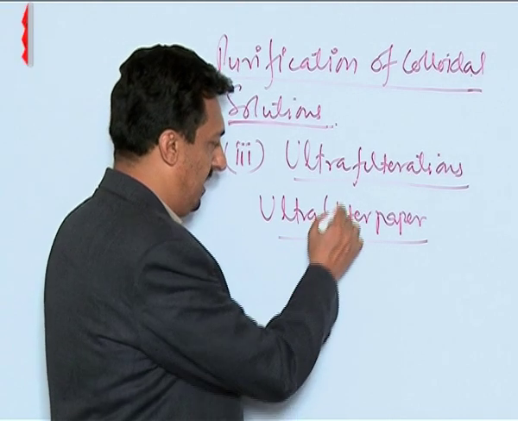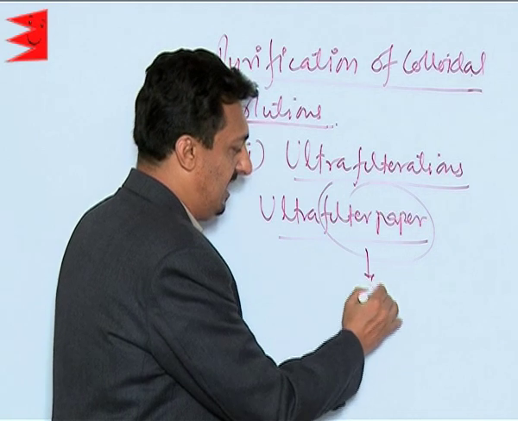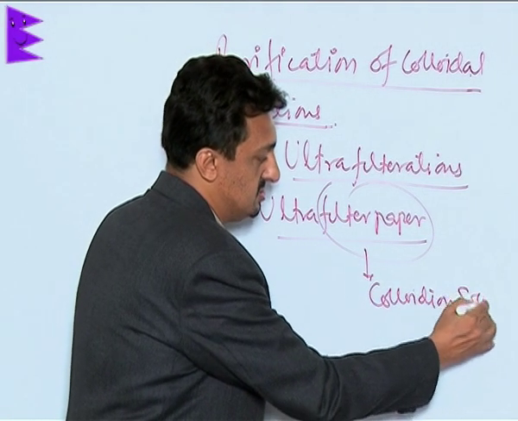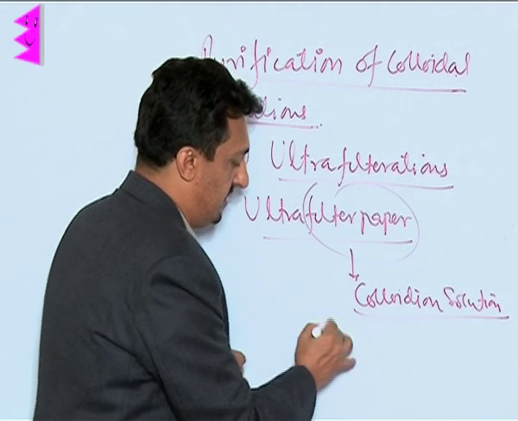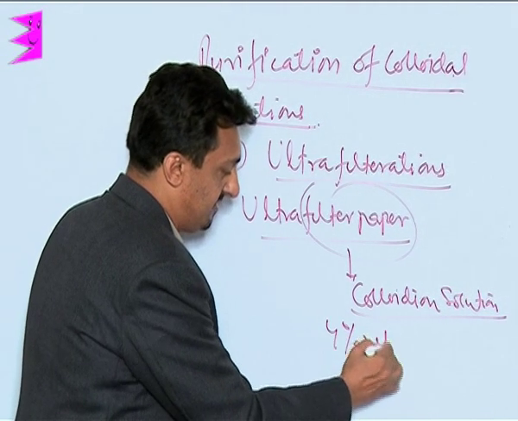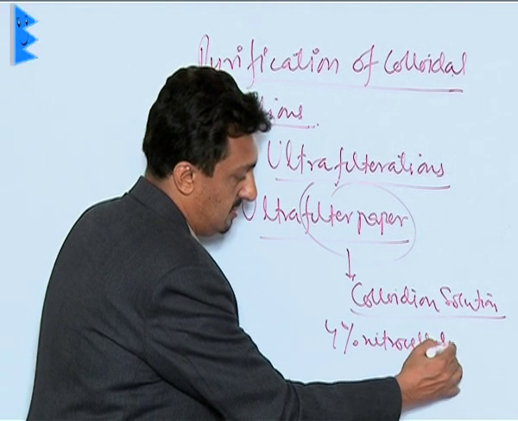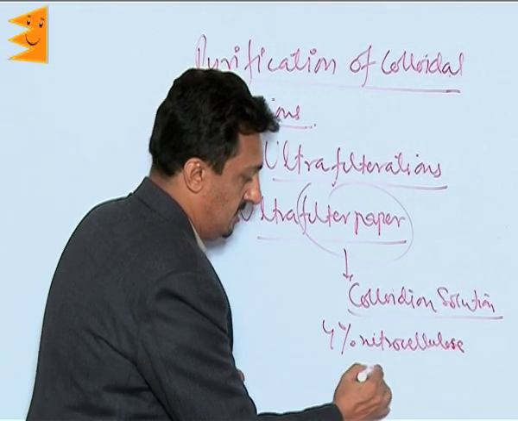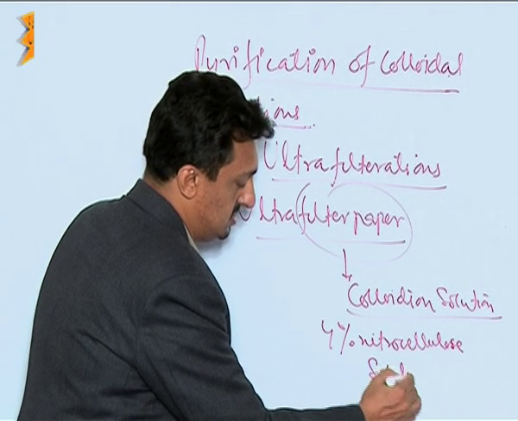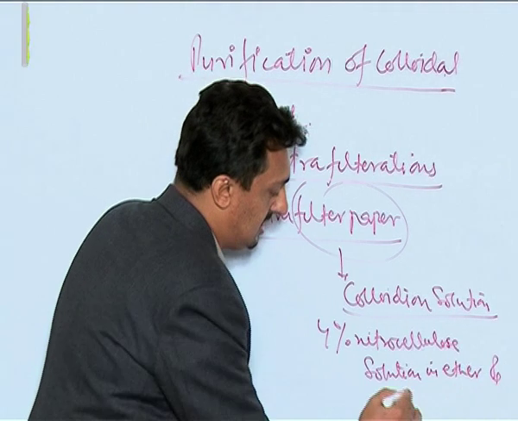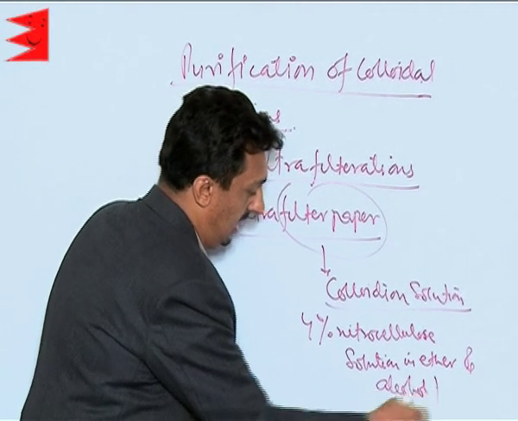This normal filter paper is dipped in collodion solution, which is a 4% nitrocellulose solution in ether and alcohol.